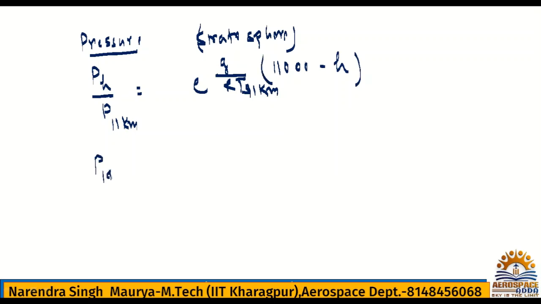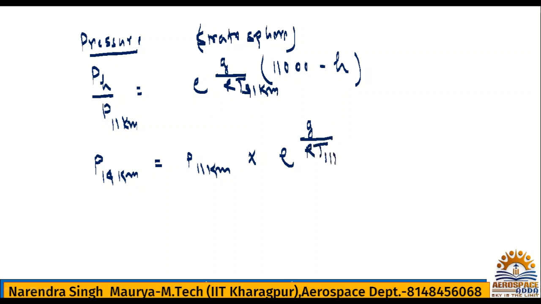So what is P_h? P at 14 kilometer is equal to P at 11 kilometer times e to the power g by R T_s times (11,000 minus h), where T_s is the 11 kilometer temperature.